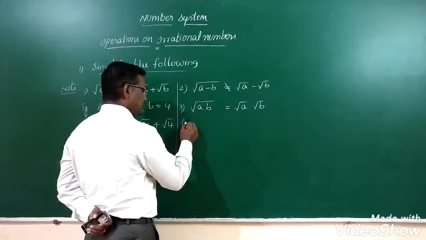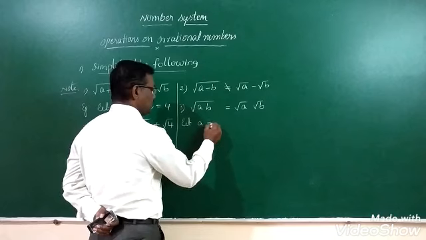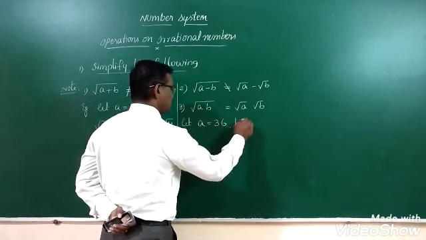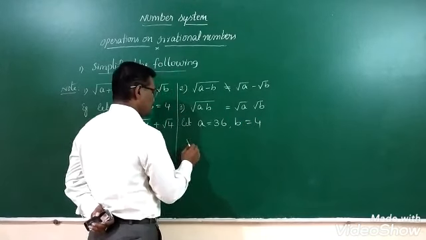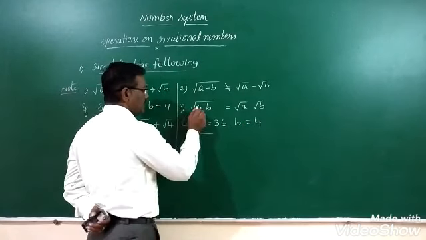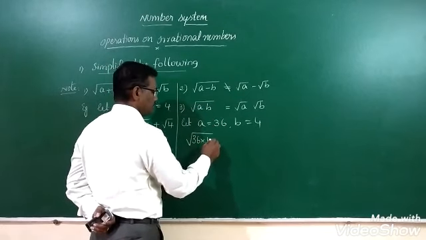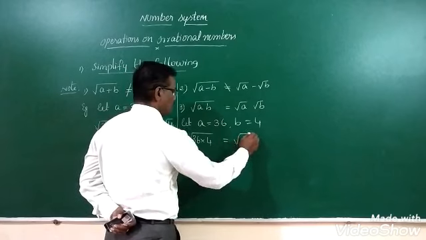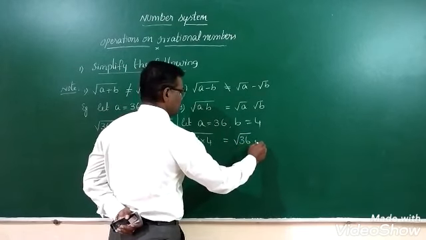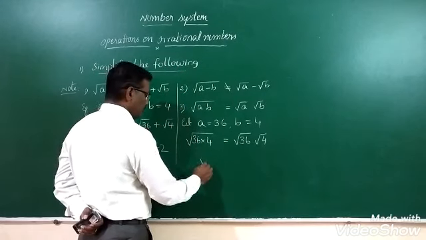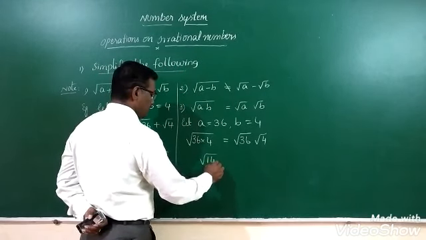Yes, I can take the same example. a equals 36, b equals 4. Root of a into b is root of 36 into 4, which is root 144.